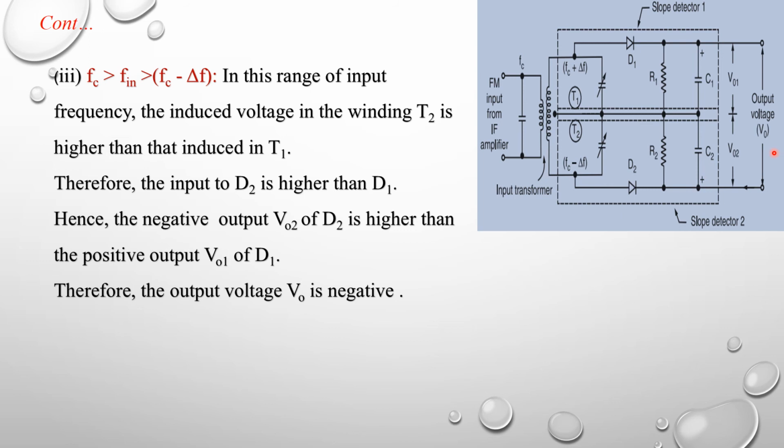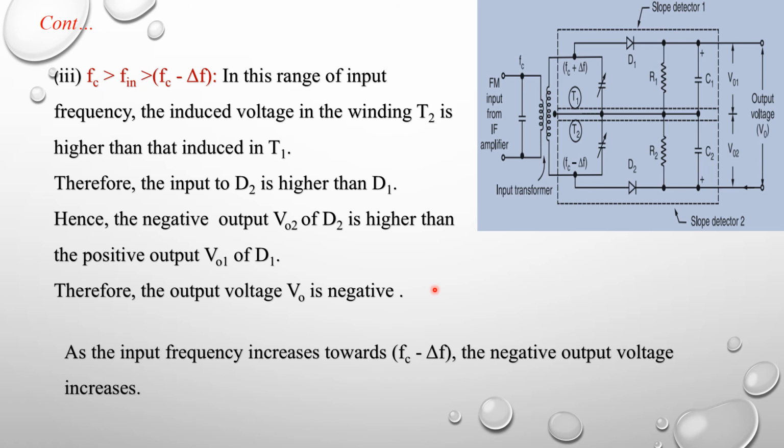In case 3, V02 is a higher value compared with V01. So V02 is the negative voltage and V01 is the positive voltage. The resulting output voltage V0 is negative. As the input frequency increases towards Fc minus delta F, the negative output voltage increases.